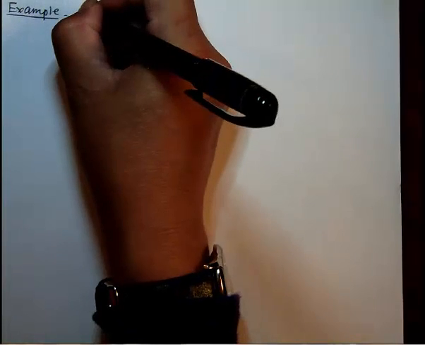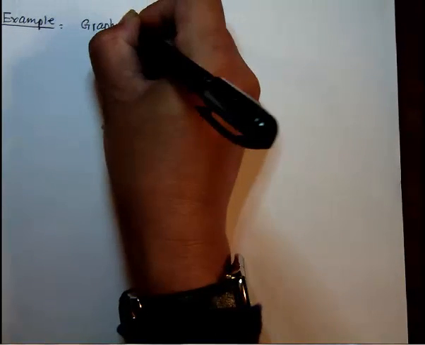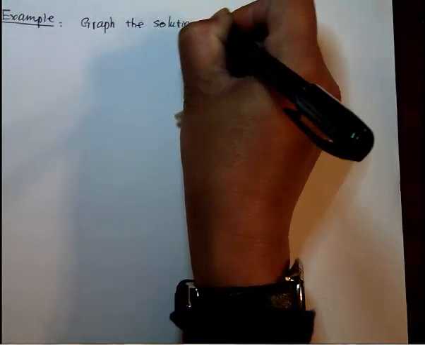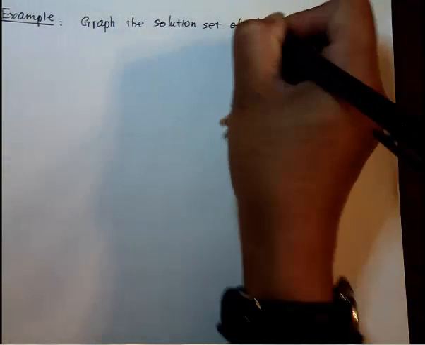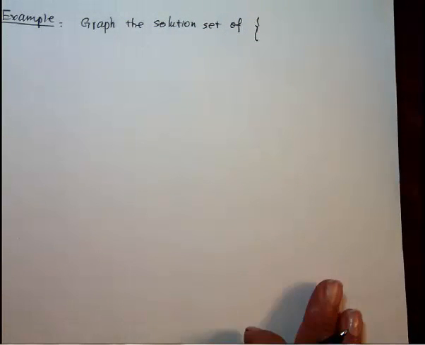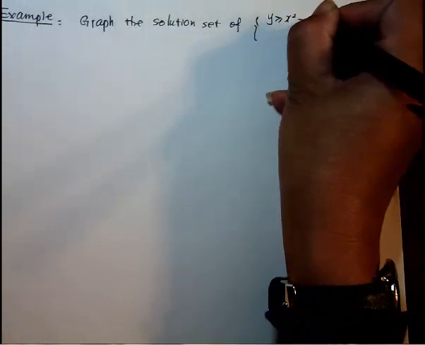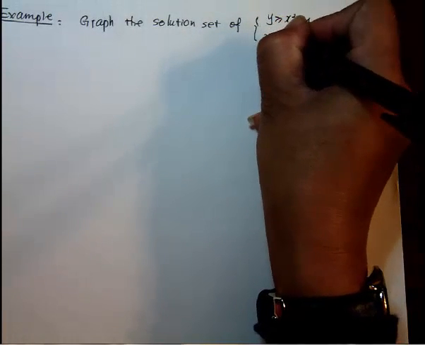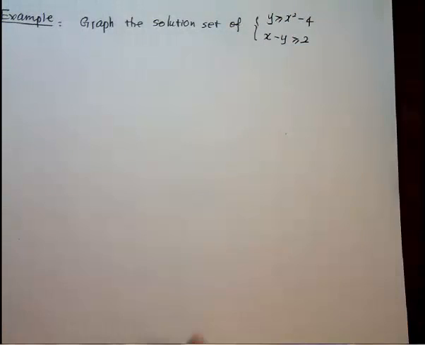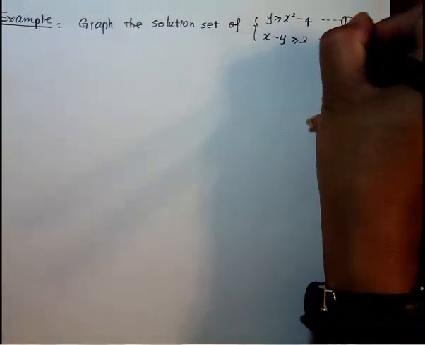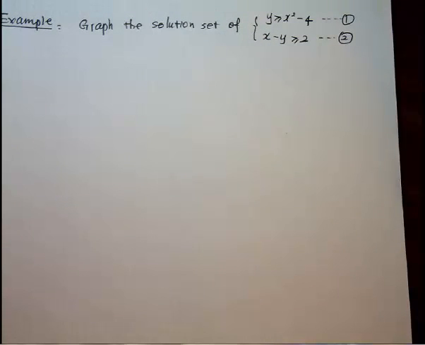We are going to continue to graph the solution set of the system of inequalities which has a nonlinear one: y greater than or equal to x squared minus 4, and x minus y greater than or equal to 2. Similar to before, let me call these inequality 1 and inequality 2.